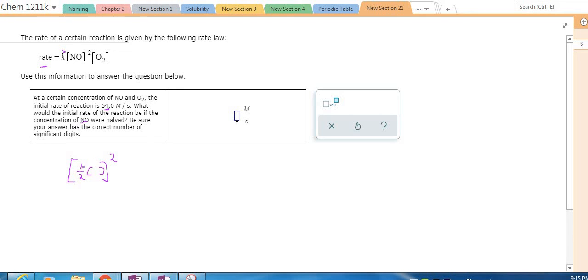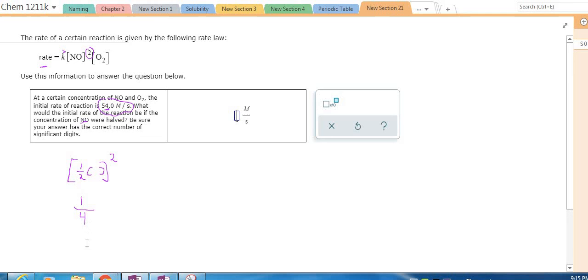And so actually what happens when we square 1/2 is that it's going to cut that rate by 1/4. So what I need to do in this problem is take that initial rate, and because the order of the nitrogen monoxide is second order right there, when we do our math, divide that initial rate by 4.